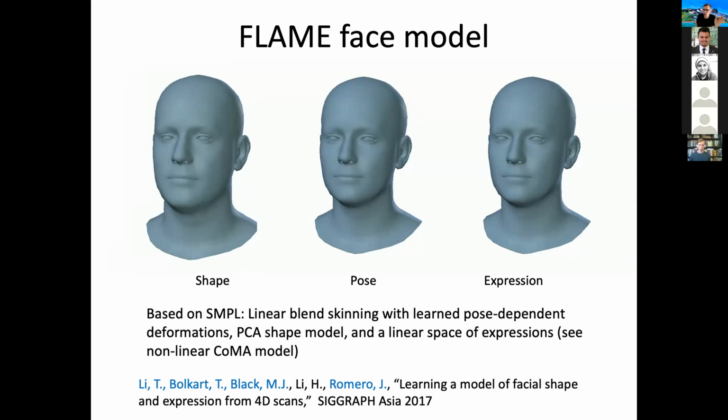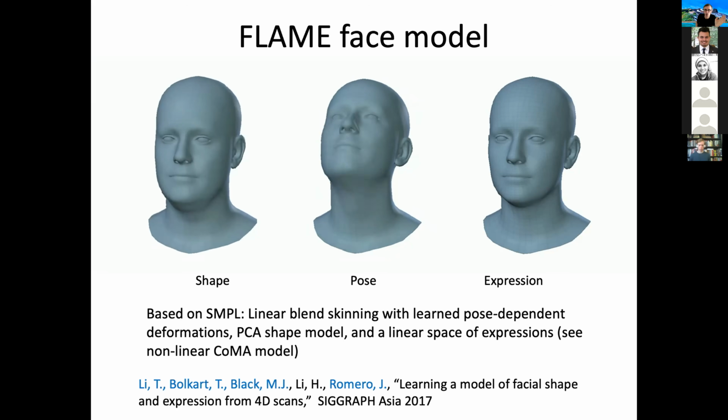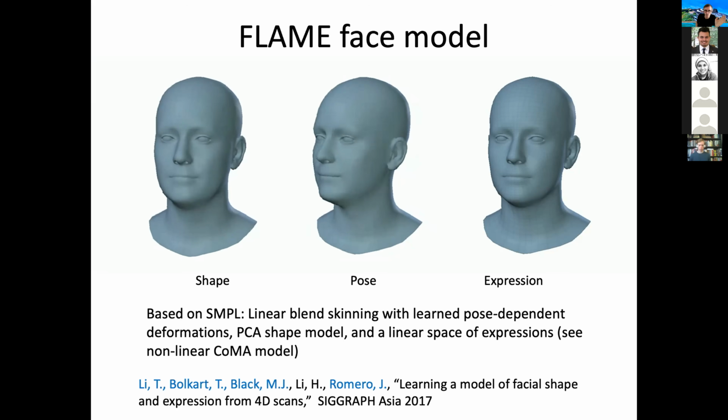And then we do exactly what I said for SMPL, and we learn a shape space. We factor out pose in the same way. We learn pose-dependent deformations, see nice neck rotations, jaw rotations, and so on. And then we also factor out expression, and we learn a linear subspace, again, linear, for expression variation.